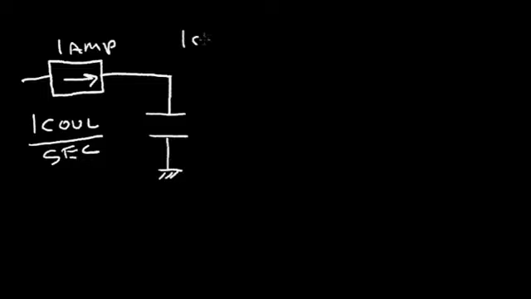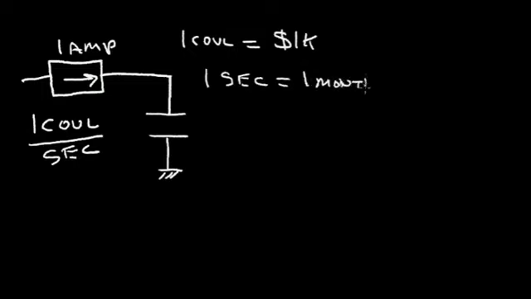So we say 1 coulomb equals, in terms of money, $1,000. Now, if I have an amp, let's pretend that 1 second is equal to 1 month. So what I'm modeling here is every second, in this case every month, I'm putting $1,000 into my savings account.